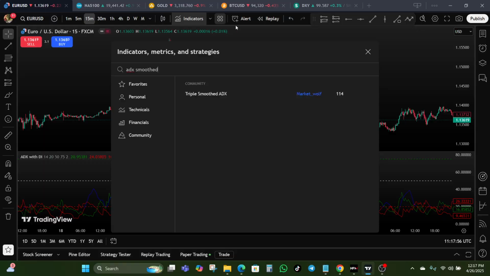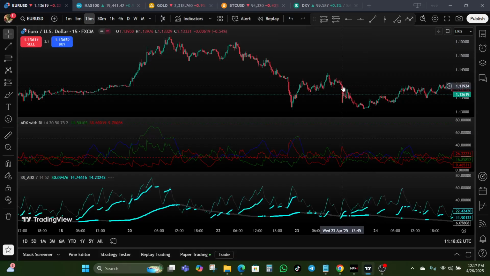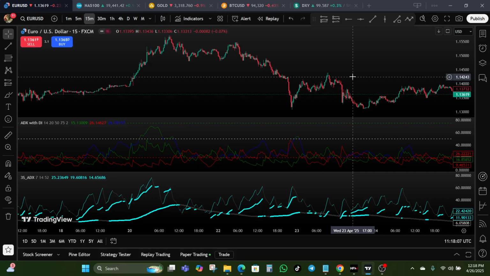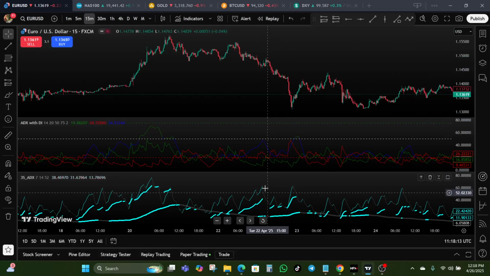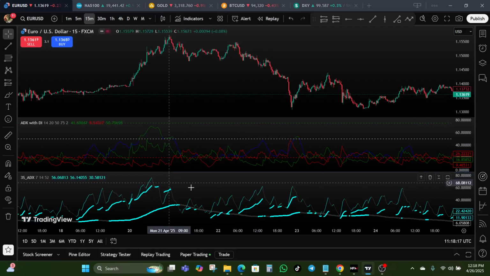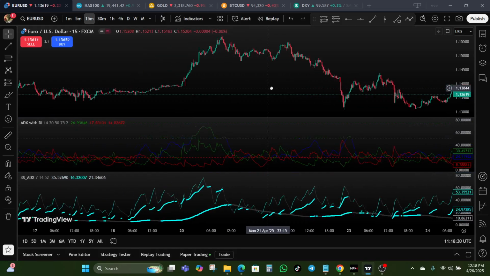So now, do not miss the triple smooth ADX indicator. All right? As you can see, it applies smoothing techniques to reduce the noise often found in standard ADX readings. All right, it's ideal for traders who prefer cleaner charts and more stable signals over constant fluctuations.